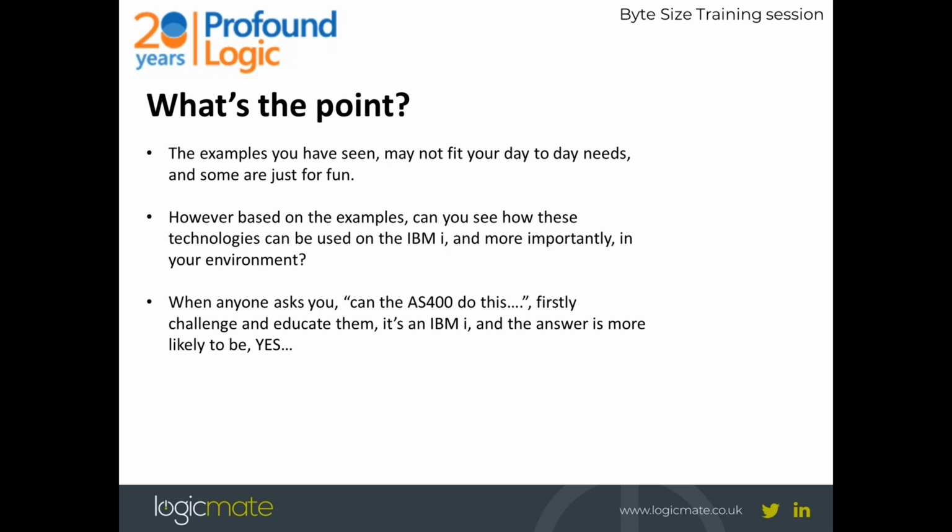It's not an AS400, it's an IBM i, and an IBM i is a world-class server, whereas the AS400 is not capable of any of the things that you've seen today, and it's 20 years old. So for me, that's the first thing that we should challenge. Educate them to believe that what they have now is a world-class server. It's not, as they believe it to be, a bit of an old dinosaur that sits in the corner.